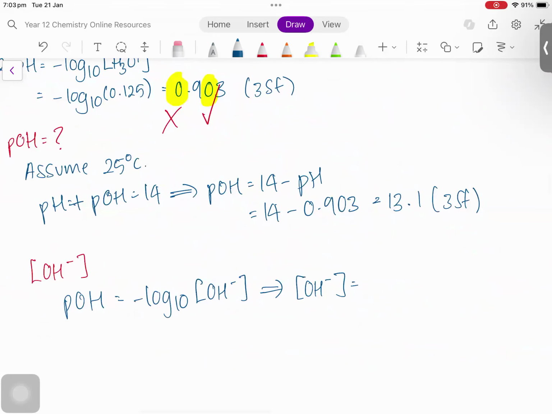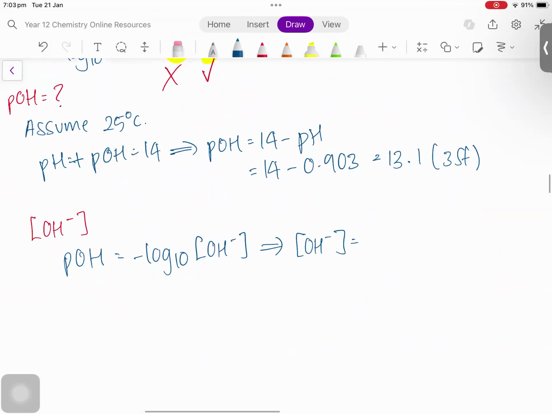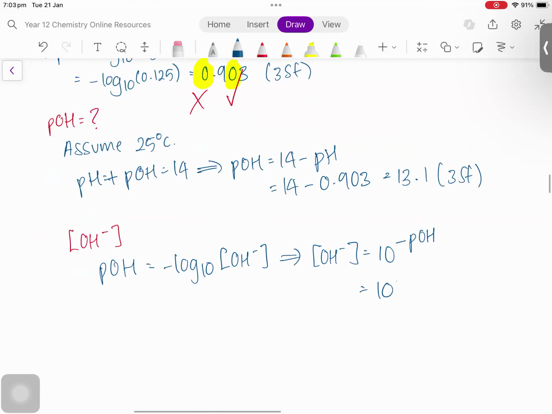So if pOH is negative log base 10 of OH minus, this is just a maths thing. You can work it out or just have it memorized. OH minus is going to be 10 to the minus pOH. So this is just in your notes. So all I'm doing here, guys, I've got pOH now, I'm just popping it in. I'm just giving you practice with all the different equations.